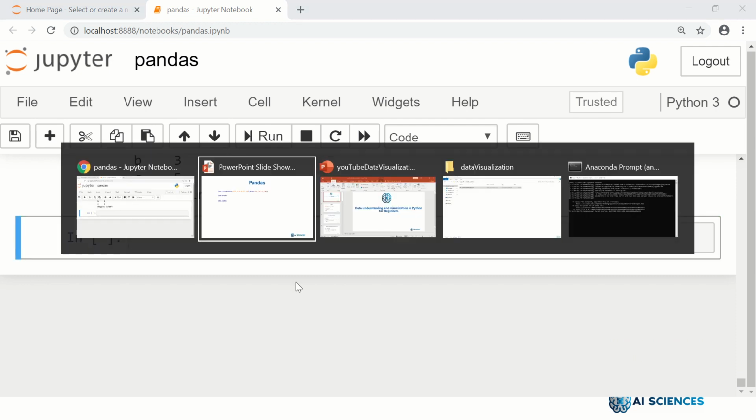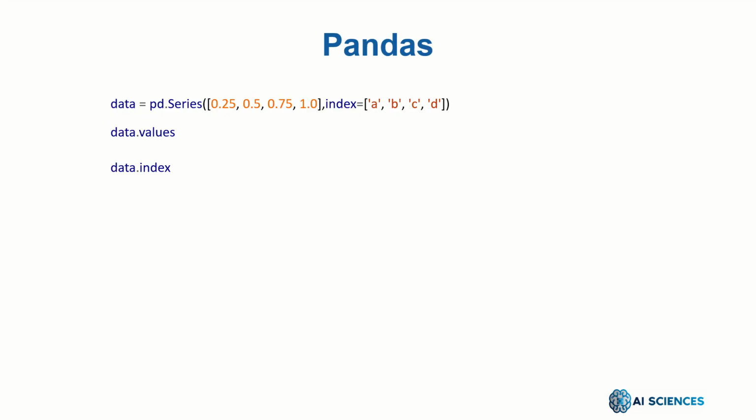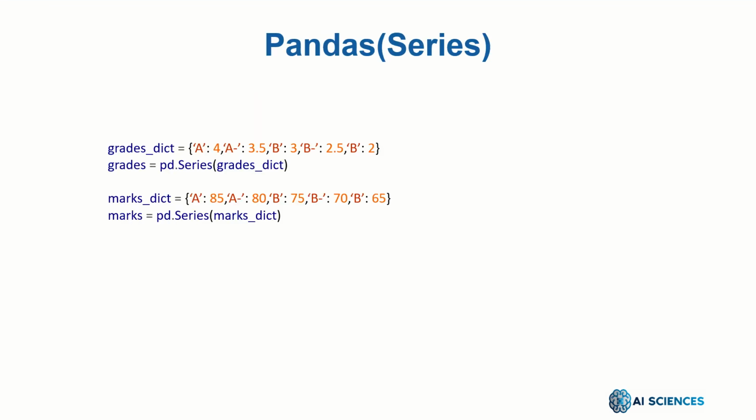So that's just the series object, which is the one-dimensional array in Pandas. It is like a one-dimensional array in NumPy. In this slide, I'm going to show you the data frame object.